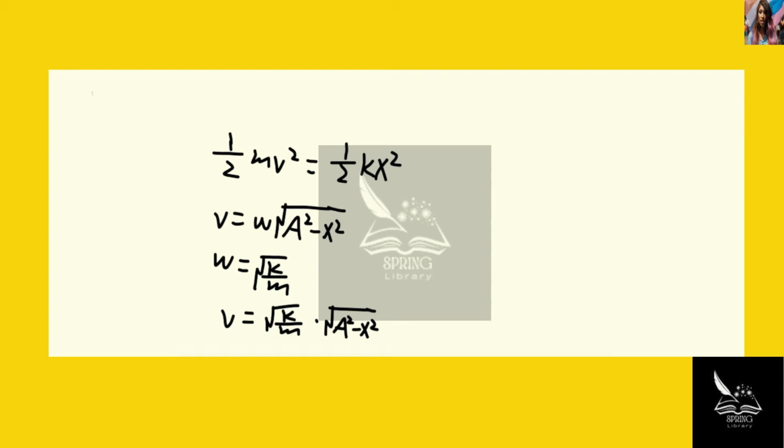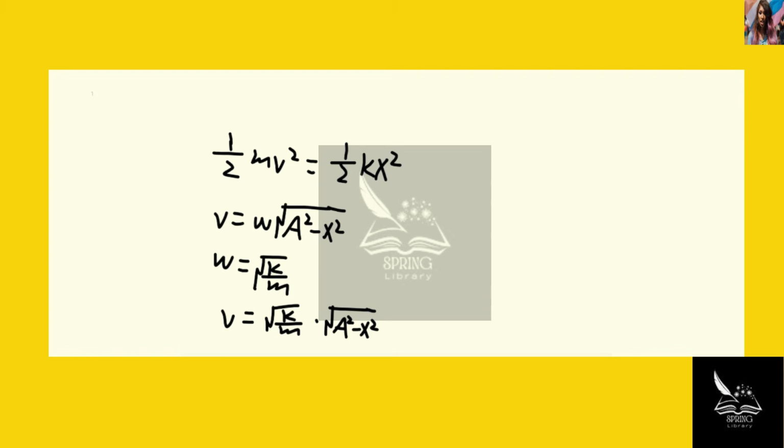We know that v is equal to omega times the square root of a squared minus x squared. v is the speed here, omega is the angular frequency, a is the amplitude, and x is the displacement we're looking for. And we know that omega, the angular frequency, is equal to the square root of the force constant divided by the mass, which is k over m here.